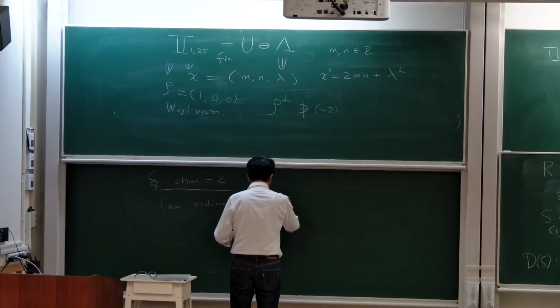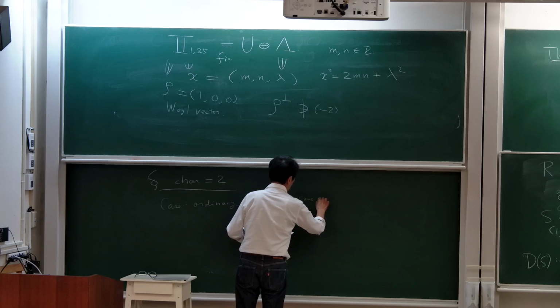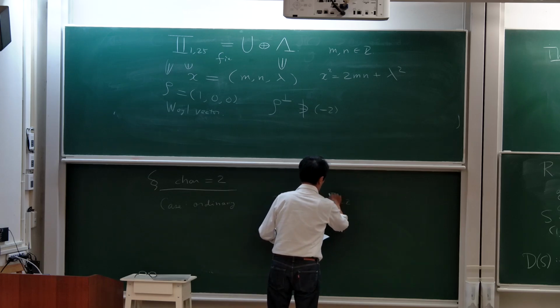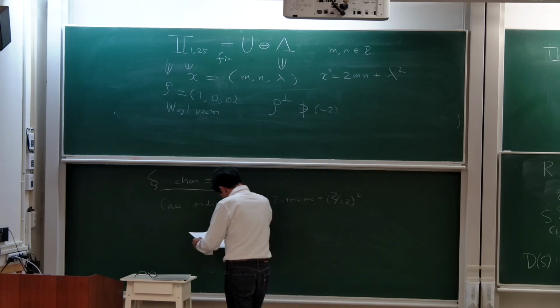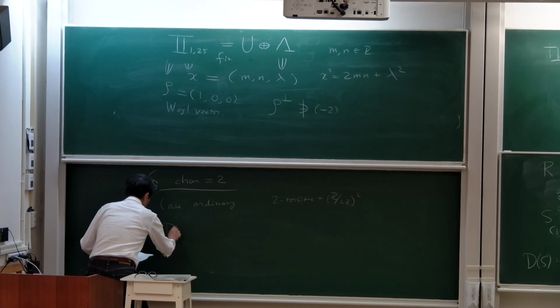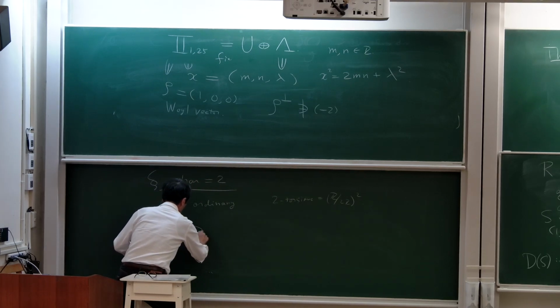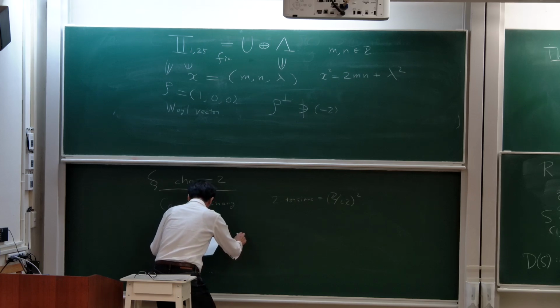So the two-torsion group is 2D2. And in this case, the equation of the Kummer quartic is known.